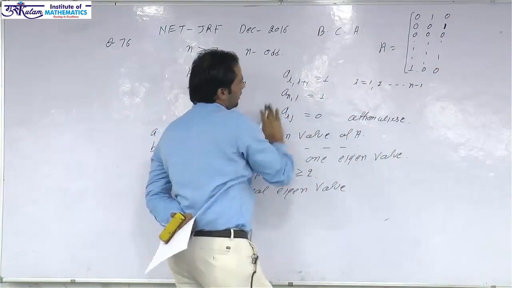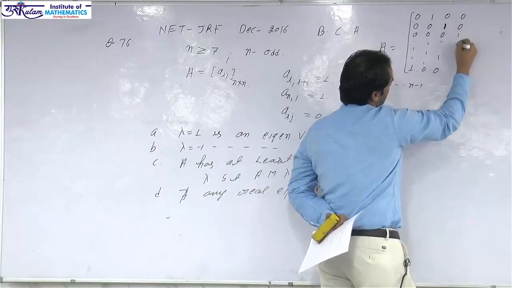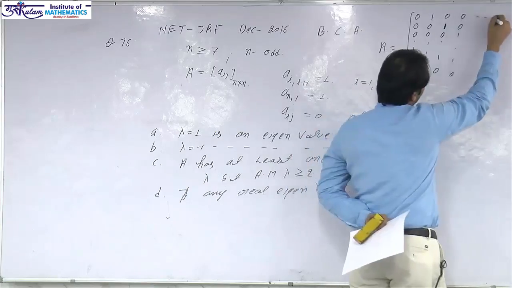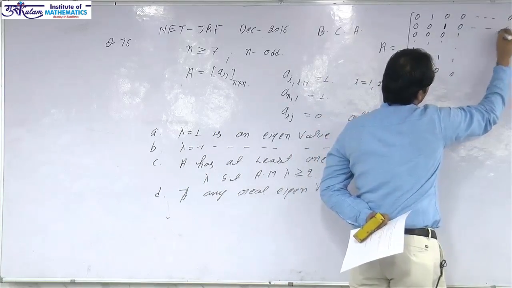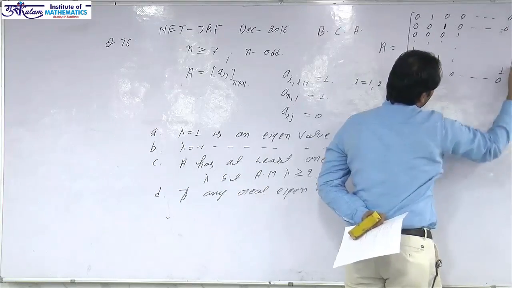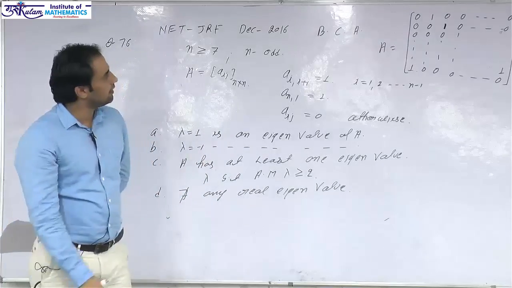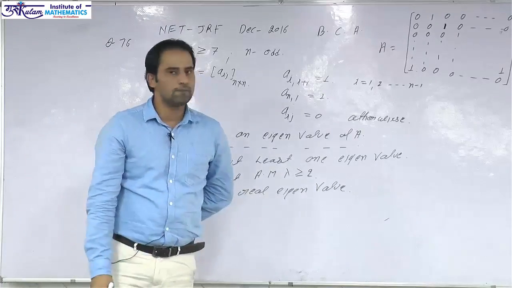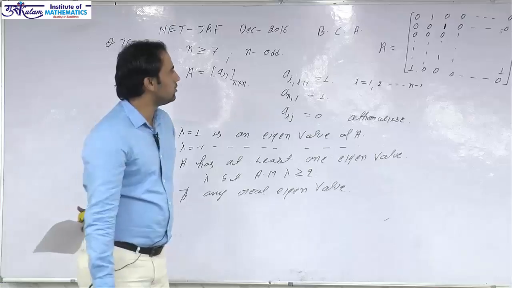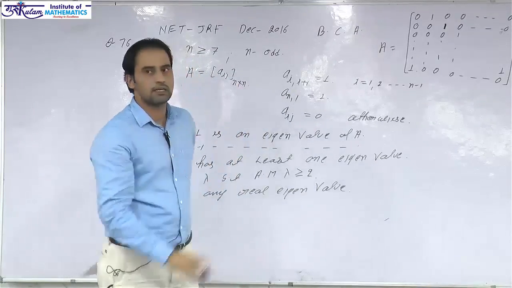Similarly, you can calculate the remaining ones, and in the last column the second last entry is 1 and the remaining are all 0. So you can check that in each row there is a unique 1 and in each column there is a unique 1. So the row sum is 1, the column sum is 1, and the entries are 0 and 1.